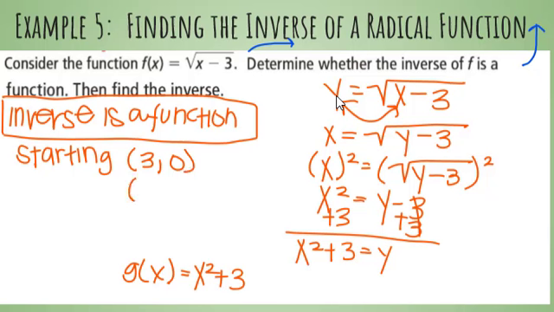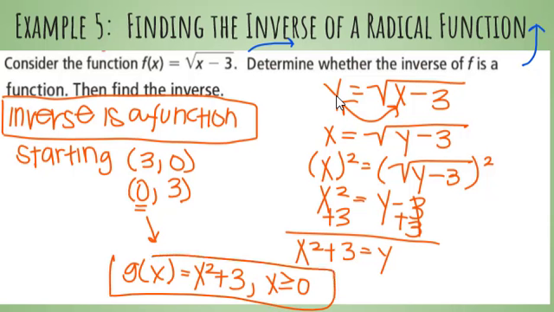So if we flip that point around, that gives us 0, 3. That means that the starting point for this function is going to be when x is 0. So we want to say that we want this function, but only for when x is greater than or equal to 0. And that's our answer for this problem.